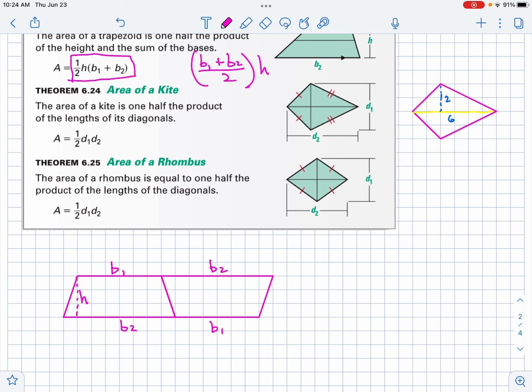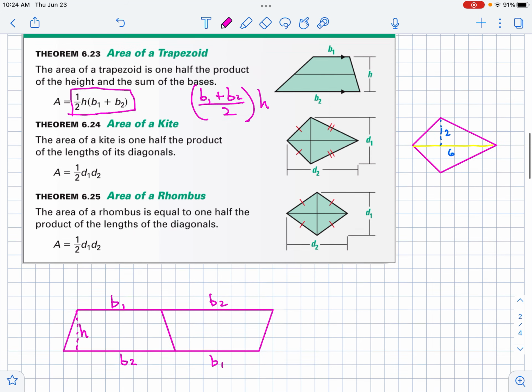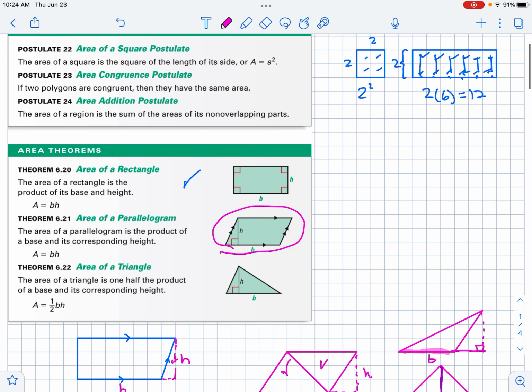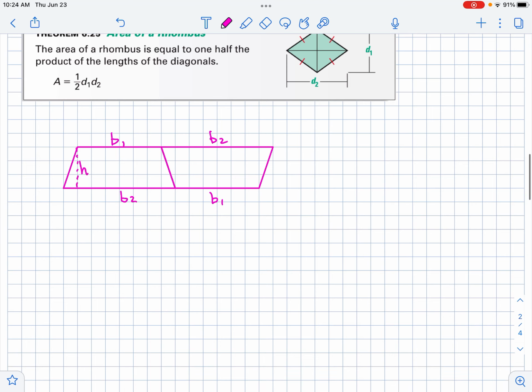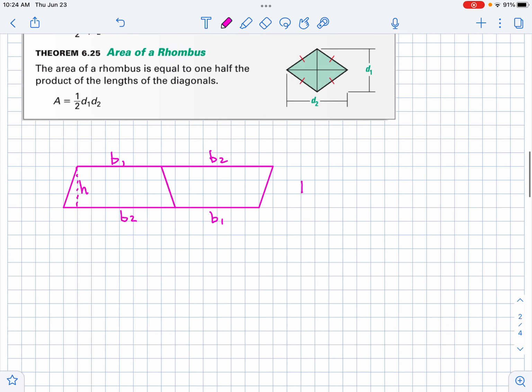Now, if I want to get the formula, if I want to get the area of this parallelogram, what I can do is I can say, okay, it's going to be, let's see if we can remember what the formula for the parallelogram is. It's base times height. Okay, so let's look at this. We've got base, which in this case is B1 plus B2 times the height.